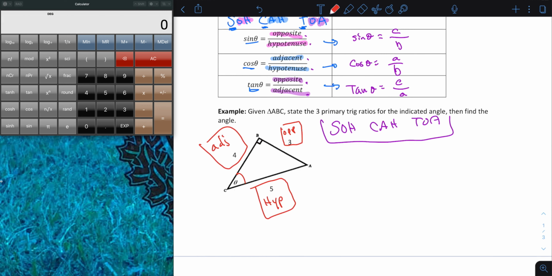Now we're able to write out sine theta is equal to opposite over hypotenuse, because that's what it's telling me to do. So it's 3/5. That's your trig ratio, 3/5. Okay, go to the next one. So what we're doing is stating the 3 primary trig ratios. Cosine is adjacent over hypotenuse, 4/5.